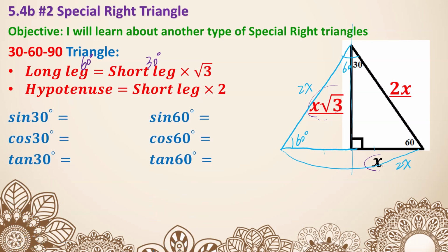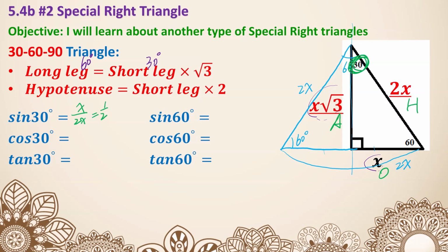So let's find these trig ratios. Sine 30 degrees. This time we're going to treat our 30 degrees as the angle, so the x is opposite, the x times square root of 3 is adjacent, and the 2x is the hypotenuse. So opposite over hypotenuse is x over 2x, which is 1/2.